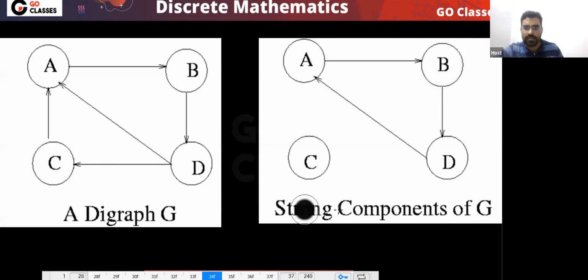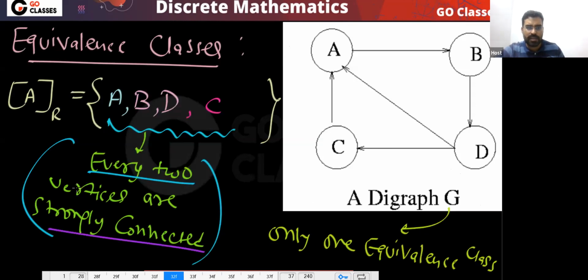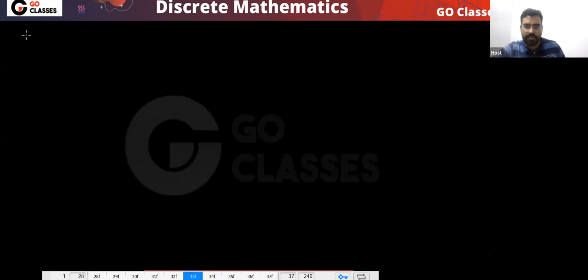Let me tell you one more thing. In this graph, there is only one equivalence class. This equivalence class is called a strongly connected component.